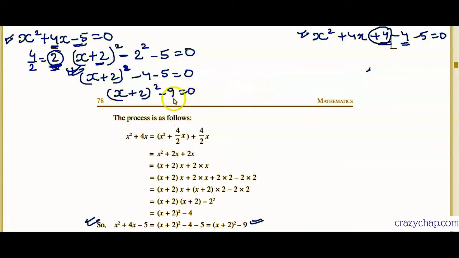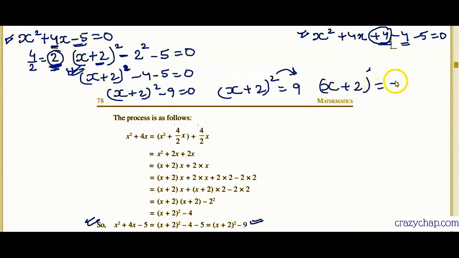Because you have to solve for x, you bring minus 9 to the other side. So x plus 2 whole square equal to 9, and then you bring the square to this side, making it a square root.